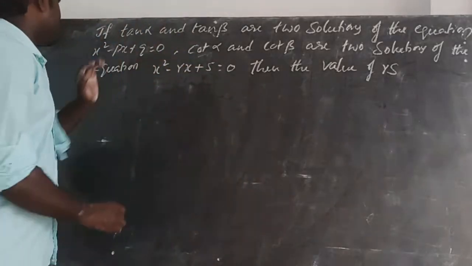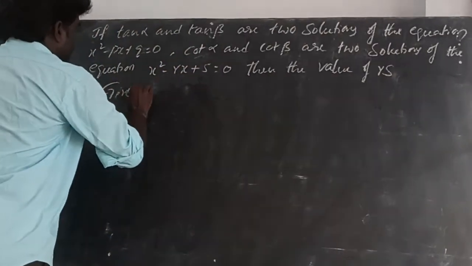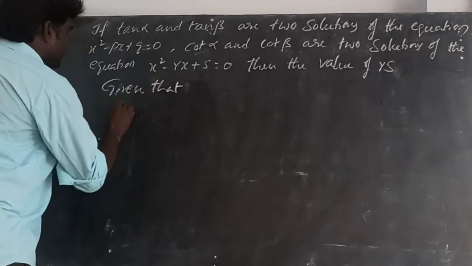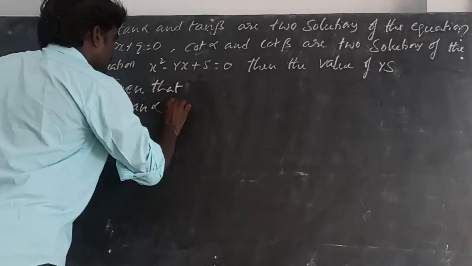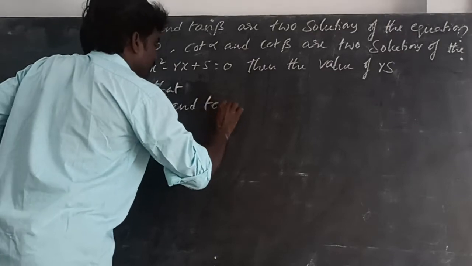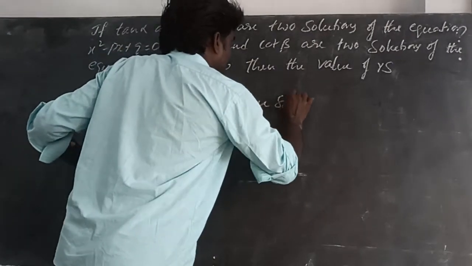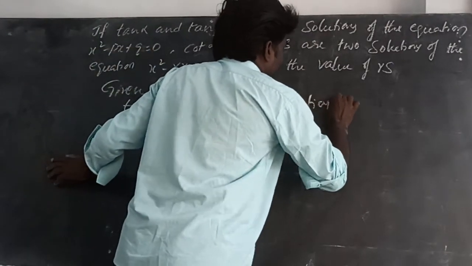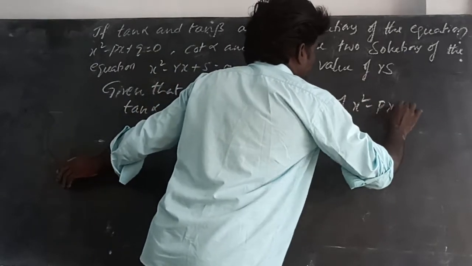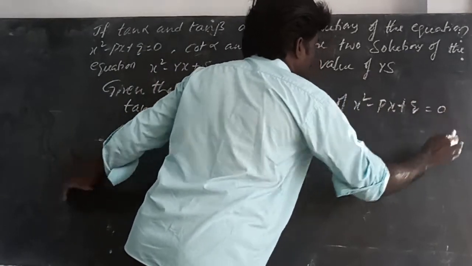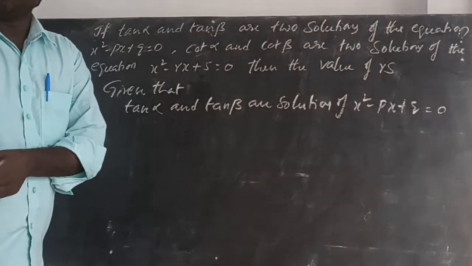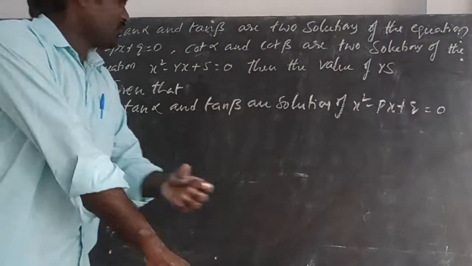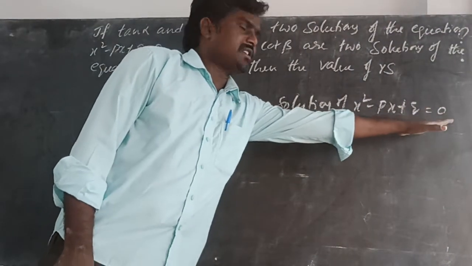Given that tan alpha and tan beta are the solutions of x square minus px plus q is equal to 0.